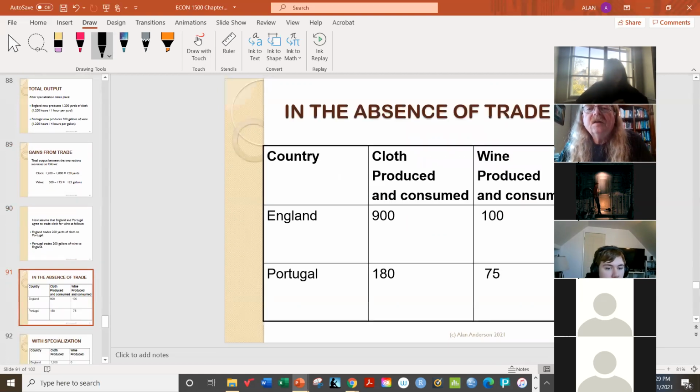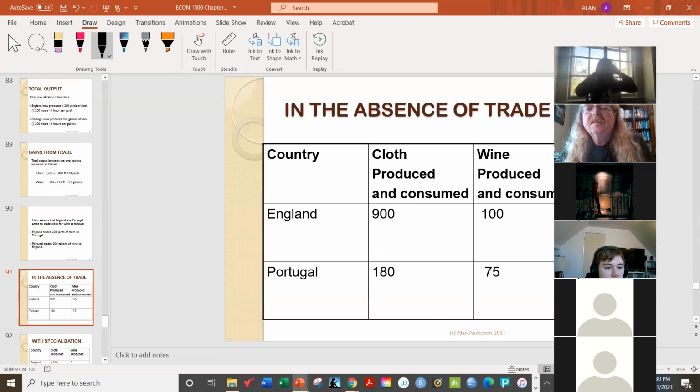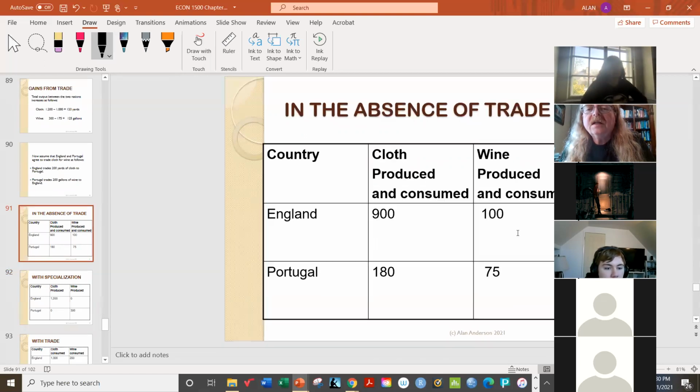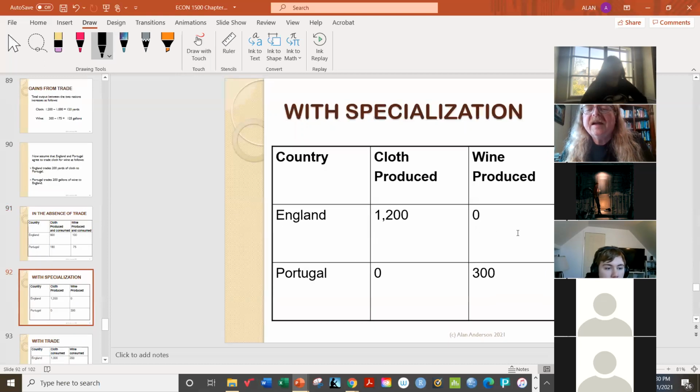All right, so in the absence of trade, this is how much the two countries produced and consumed. We saw that already. We added them up. We're going to see how much output goes up with specialization. Now England is producing 1,200 yards of cloth, Portugal 300 wine, and you can see that's more than we have now.